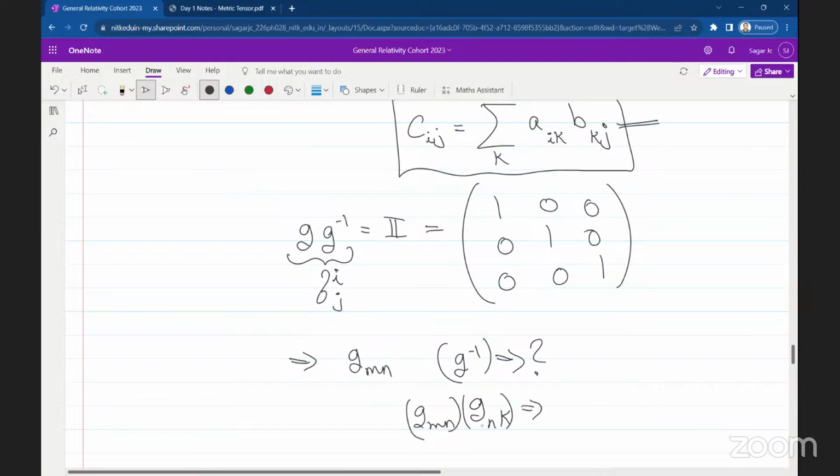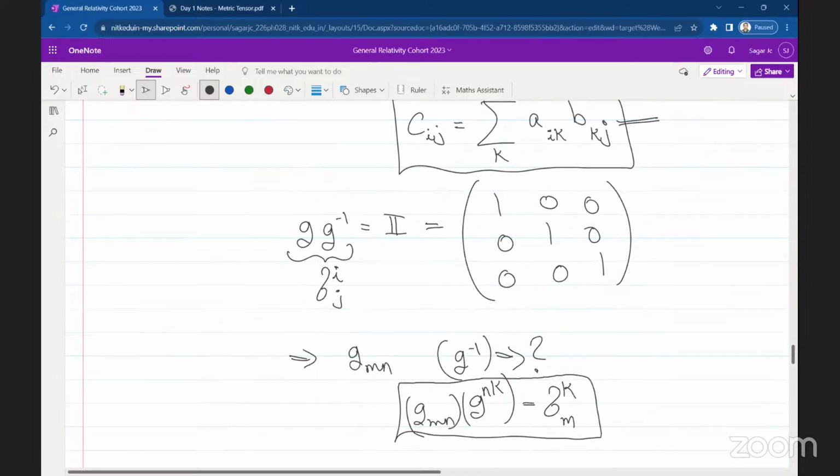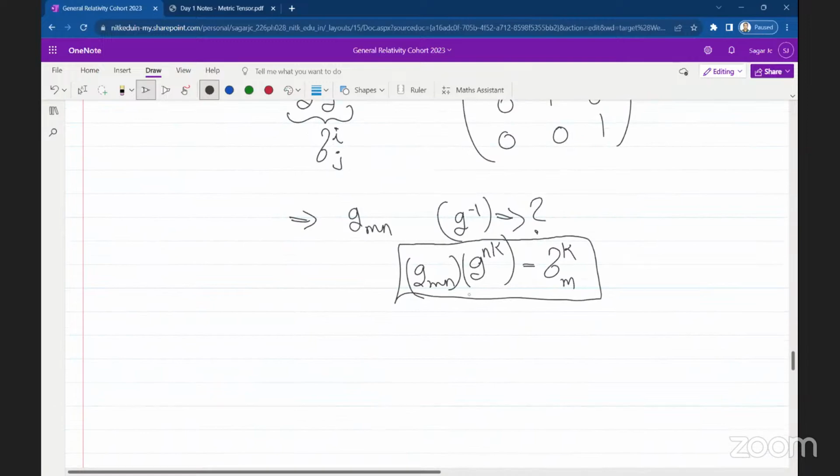But since summing over two lower indices is not allowed, it has to be in the superscript, nk. So this will give me delta km. This is a sort of vague proof of why the inverse metric tensor is a contravariant tensor, but there is a much more substantiated mathematical proof.